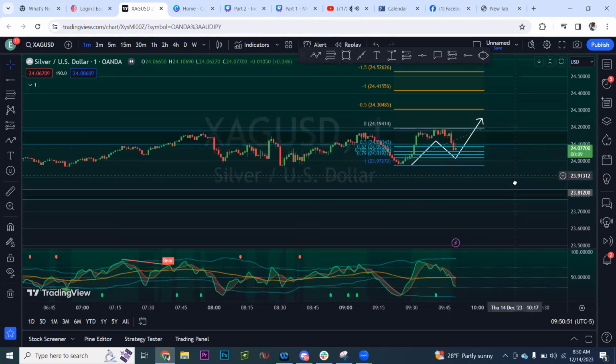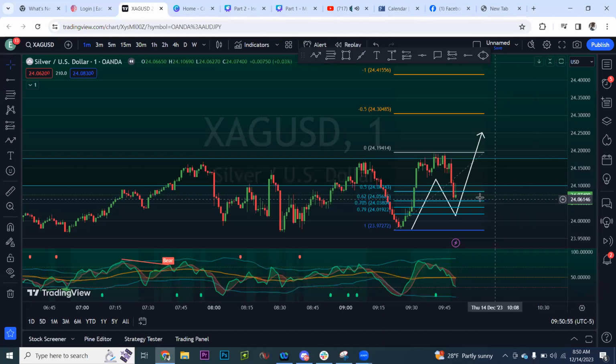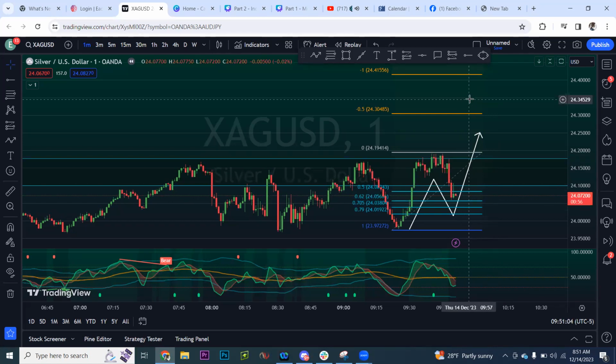Hold on, wait. Well, I lied because I don't trade silver. I want to close above the 50%. Close above, then I would potentially take it. I can see the entry line is right here with me. So it looks the same.